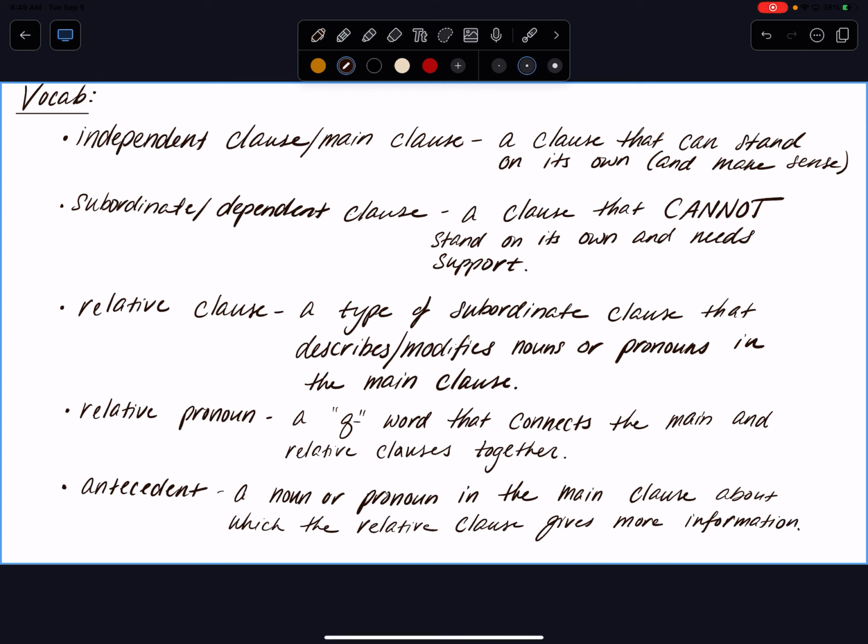Okay, so 5 terms. I'm going to highlight these.